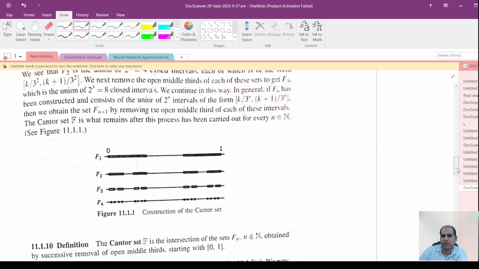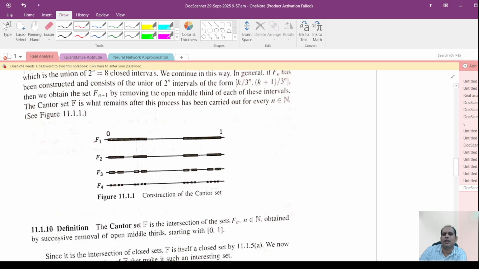The same structure is shown here. After removing the open middle third, the remaining part is F1. Here we again have 4 equal parts, closed intervals. This is F2, similarly F3 and F4 and so on. So, the intersection of all these Fn's, where n is equal to 1 to infinity, is basically the Cantor set.